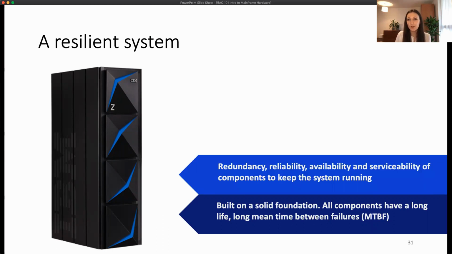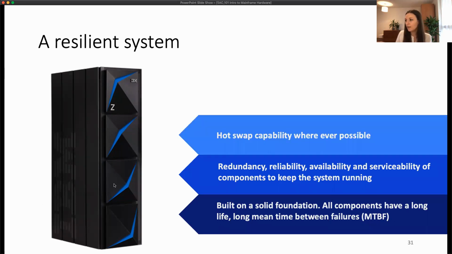Then we have tons of redundancy built in. You will look at it on the next slide. But for example, when we talked about the support element, there are always one active and one backup. So you try to avoid single points of failure to make sure if there is some sort of failure, another part can take over. Then also the hot swap capability. Is that possible?